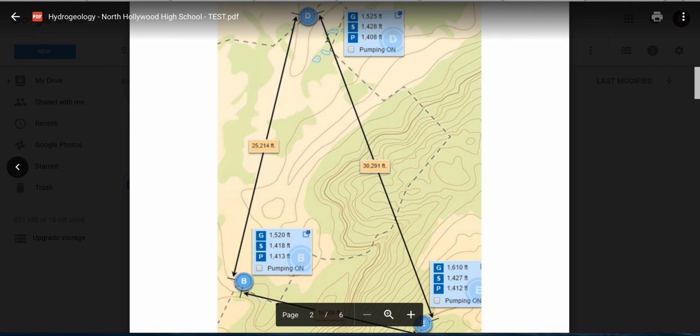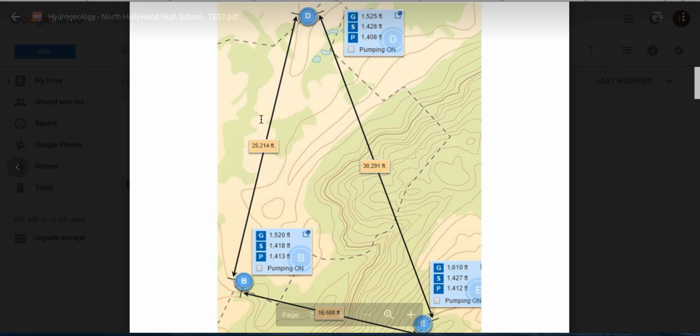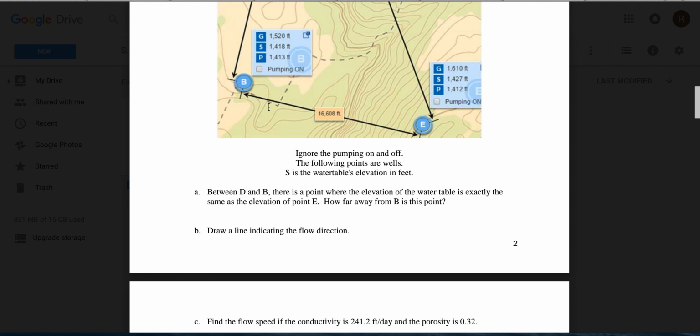So if we multiply the ratio of this difference and this difference with this value, then we can find this value, which I guess would be 0.9 times this value, which is 22,693 feet.